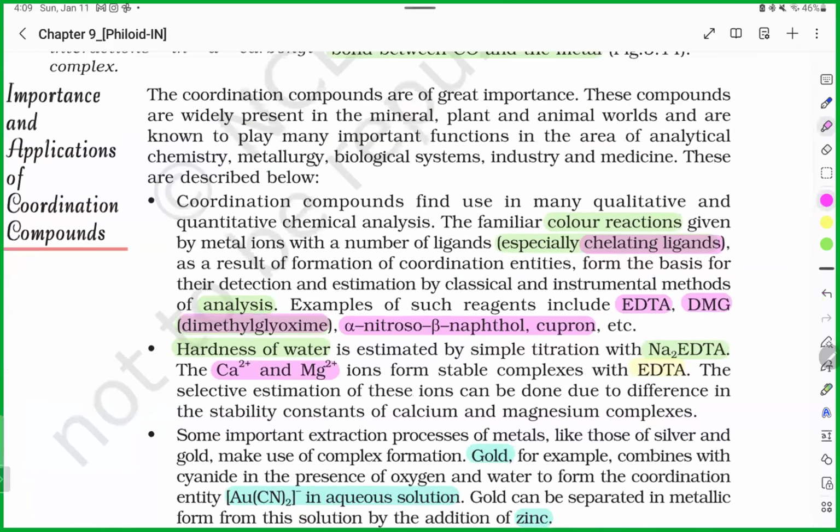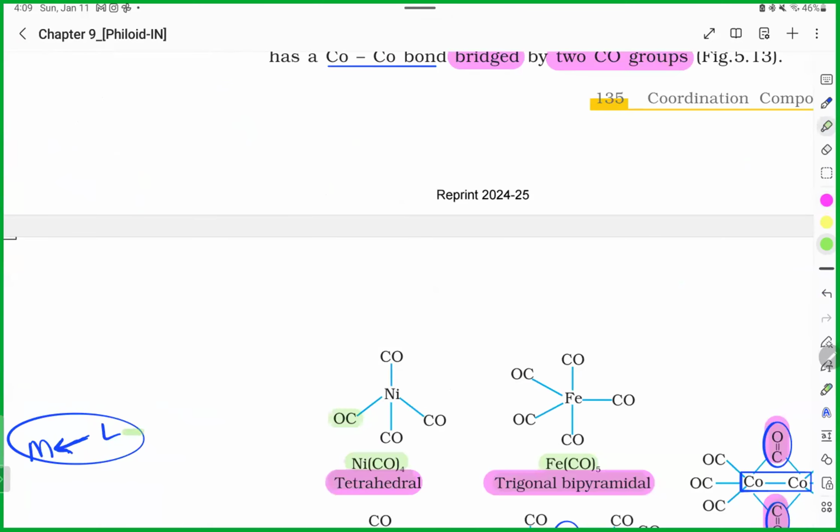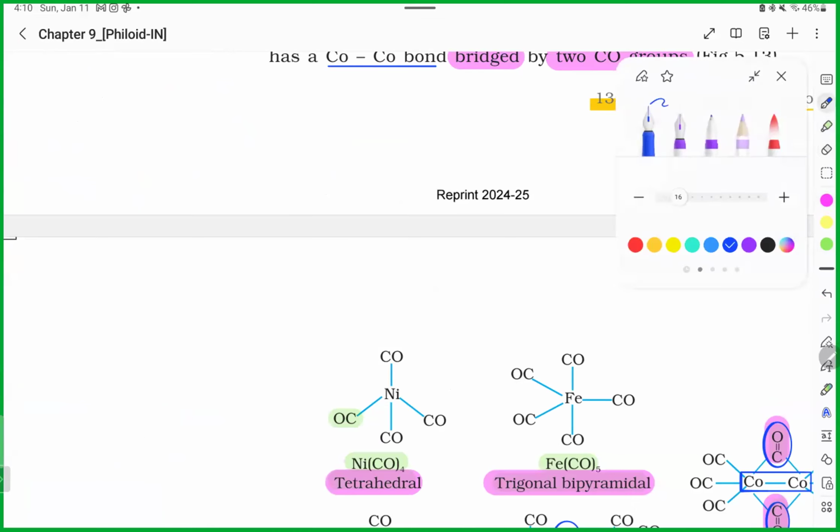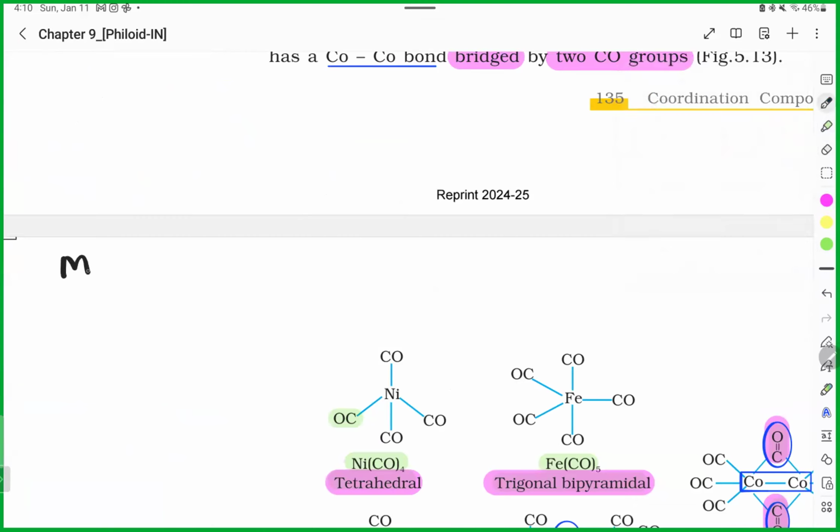So synergic effect or synergic bonding is a very unique thing because normally you have one metal and a ligand, and normally the ligand donates its electrons to the metal.